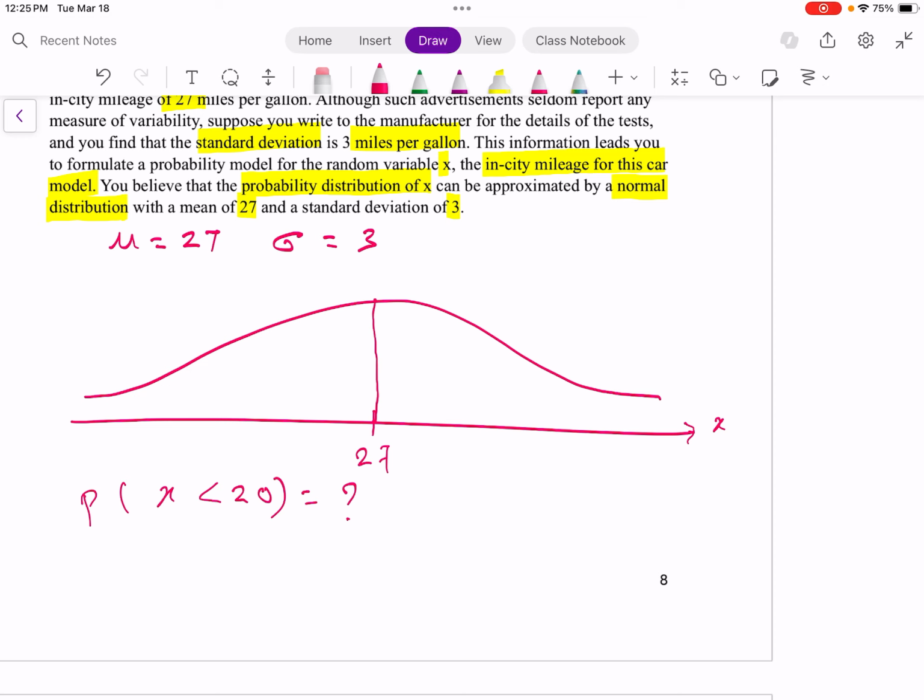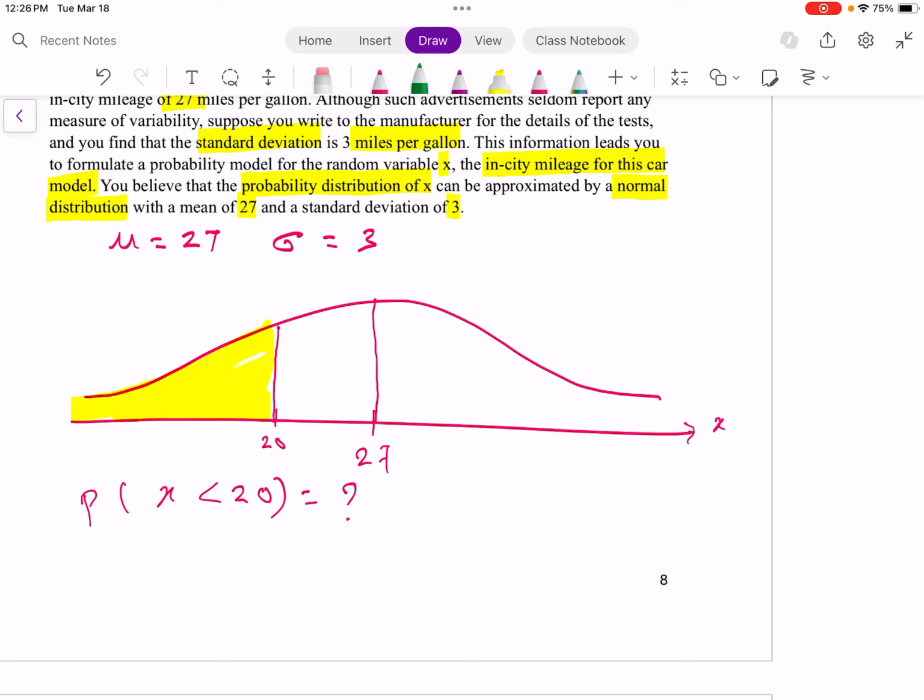Good. Now convert every x into z. So let's say 20 is somewhere here. Less than 20 means everything on the left of 20. So this is less than 20.